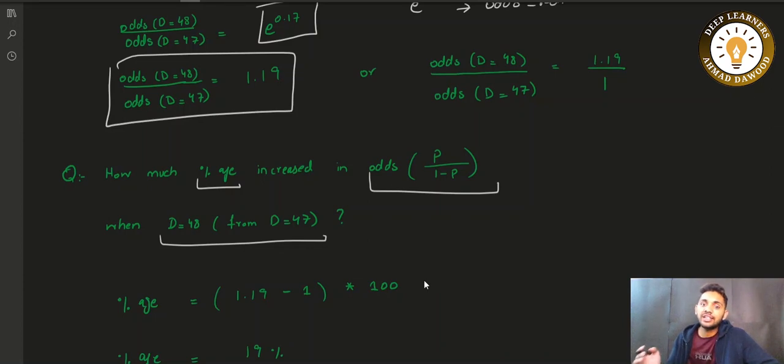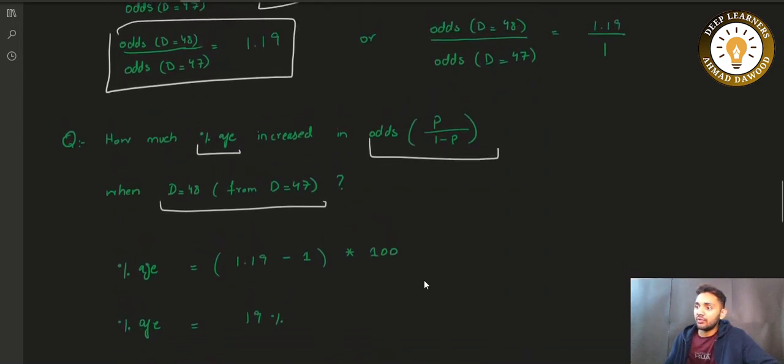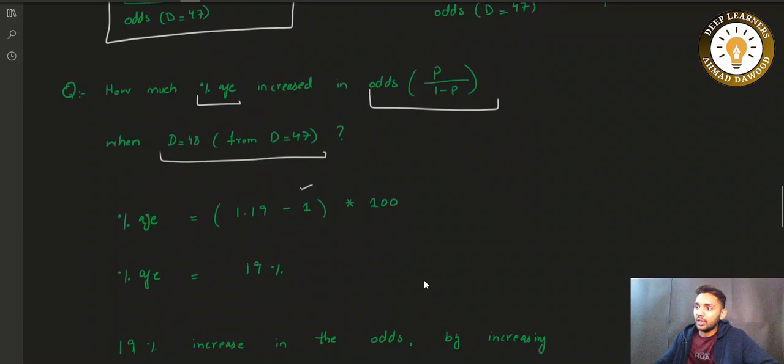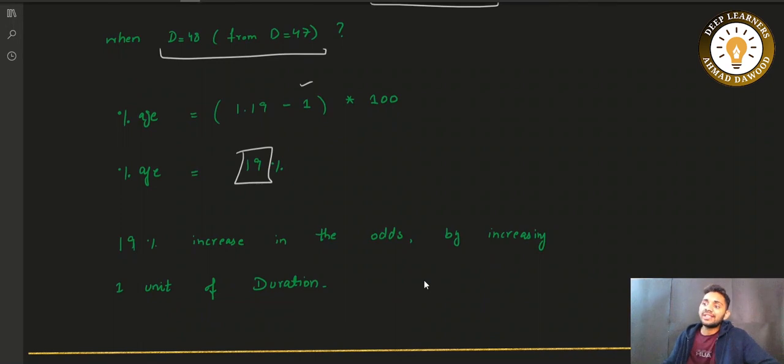If we want to see that, it's very simple: 1.19 minus 1, then multiply by 100. So we can say there is a 19% increase in the odds by increasing 1 unit of duration.